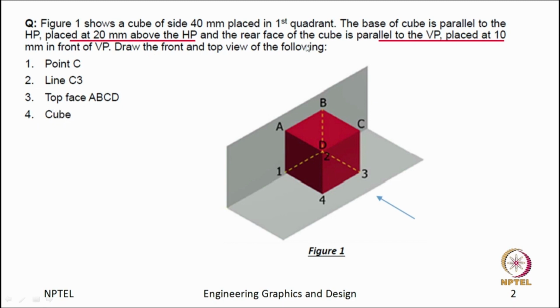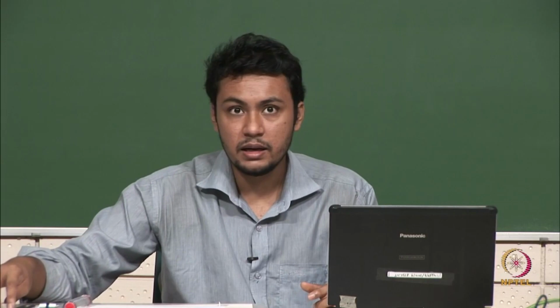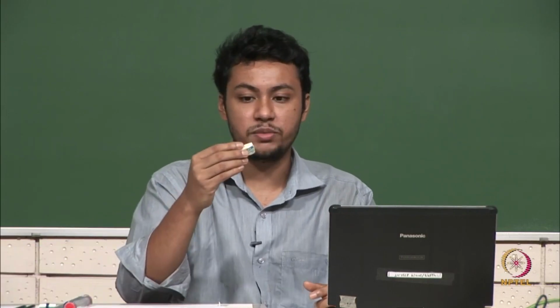And another important thing is, in your class definitely you have been taught about first angle and third angle projection. If you read this question, just by reading this question, can you tell which kind of projection we have to draw, first or third angle? Definitely first angle projection here. It is not mentioned in the question, but let us say this is the cube, this is our object.